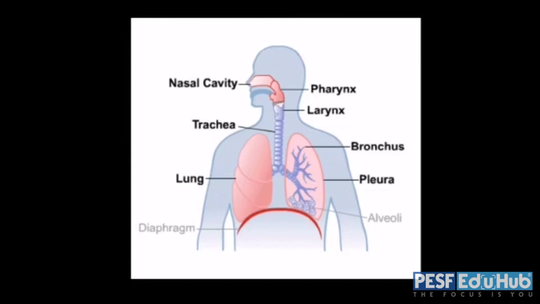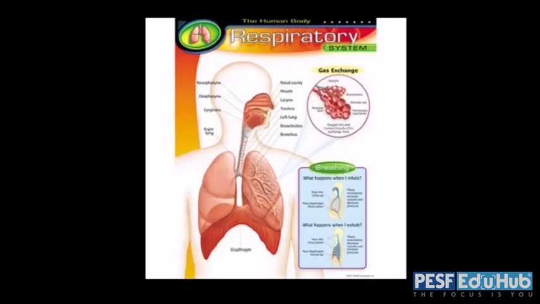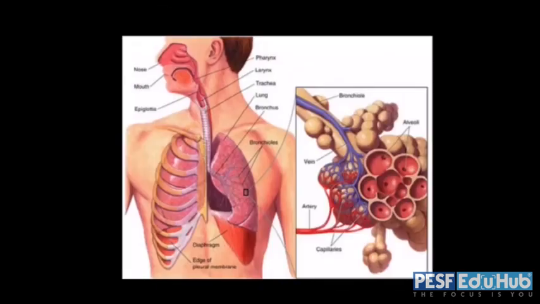These bronchioles finally enter small structures for gas exchange. It looks like a bunch of grapes. This structure is called alveoli. Gas exchange takes place in the alveoli. All bronchioles end in sac-like structures called alveoli. Next diagram, it is very clear.